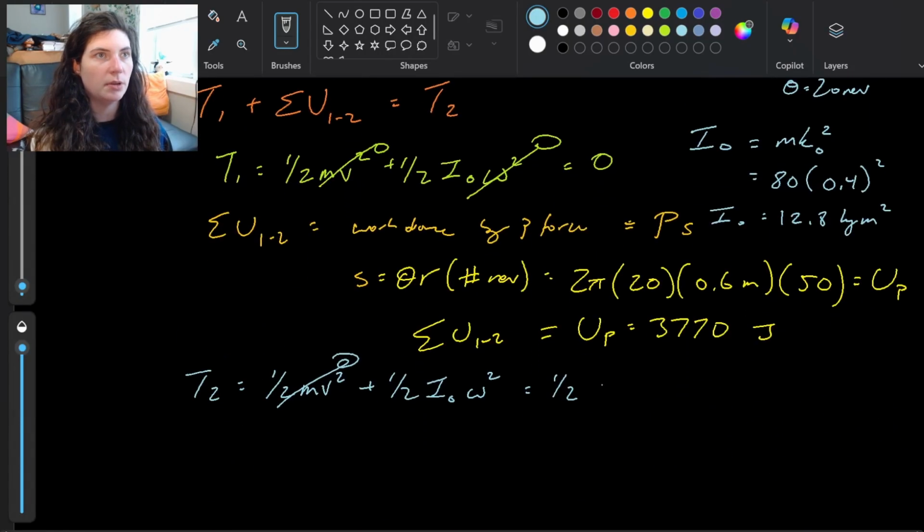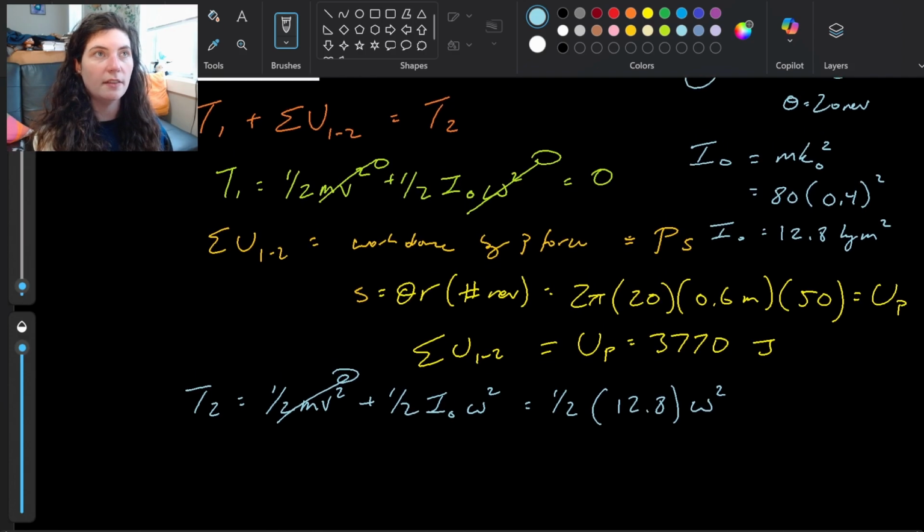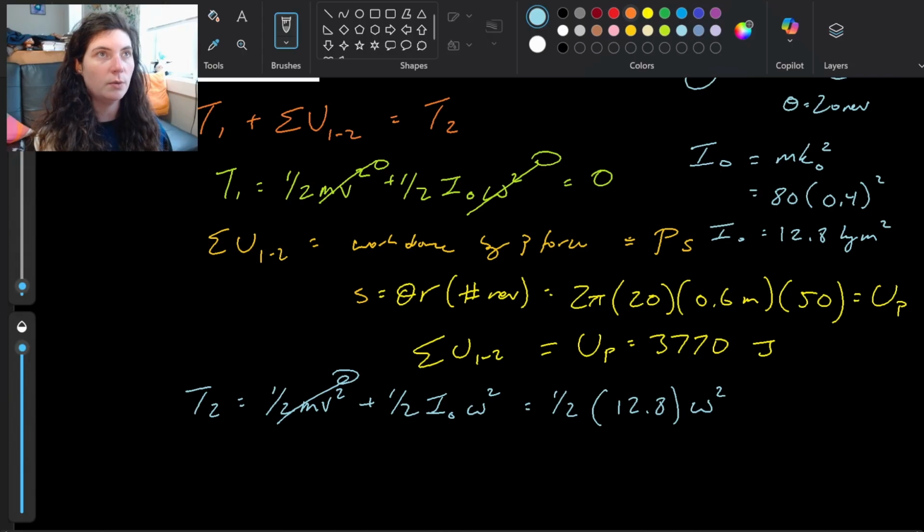And so we can plug that in down here, 12.8 times omega squared, right? We don't know what omega squared is. We don't know what that angular velocity is. We're trying to solve for that. And now we can bring this all together, right? We can come back to our equation up here, bring everybody together and solve for that omega.